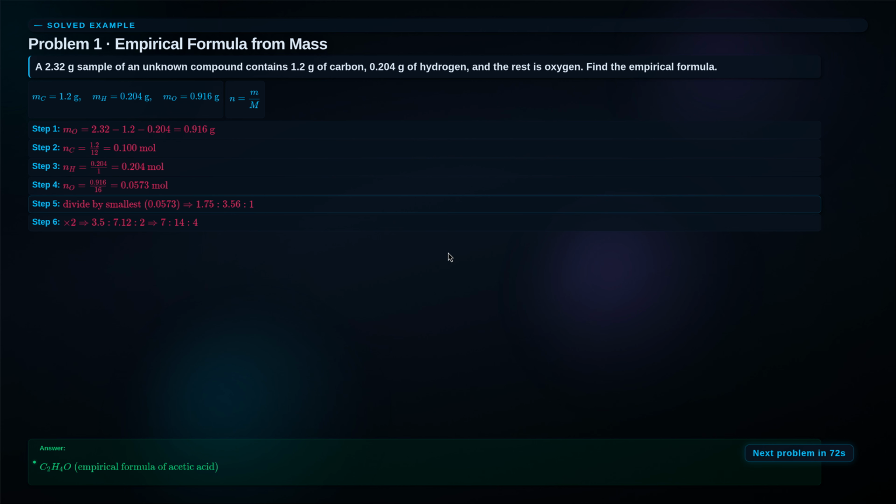The ratio is 1 for carbon, 2.04 for hydrogen, 0.573 for oxygen. Step 4. Multiply by 2 to clear the half. The ratio becomes 2, 4.08, 1.146, which rounds to 2, 4, 1. Step 5. The empirical formula is C2H4O. This is the empirical formula of acetic acid.